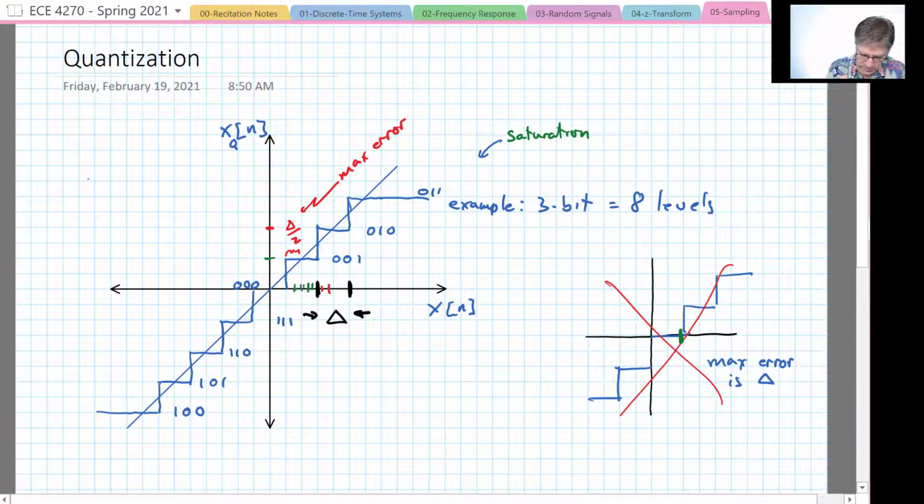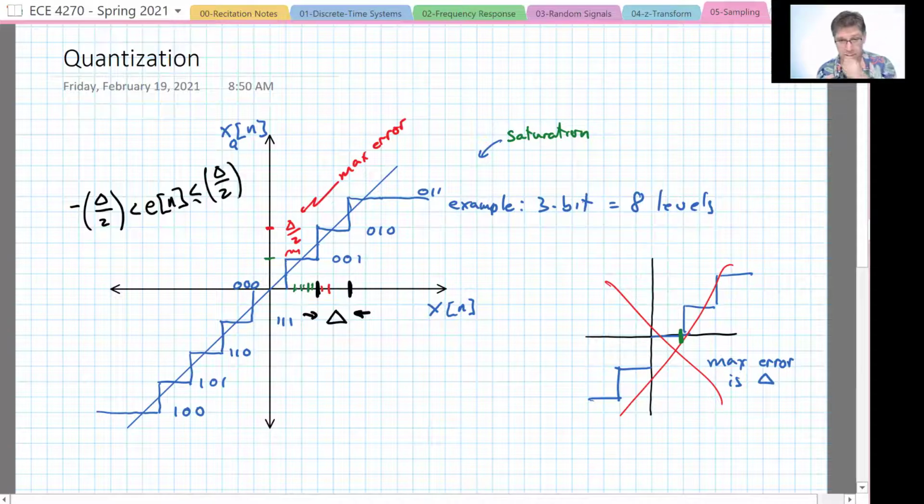So with this situation, we have that our error is going to be between negative delta over 2 and delta over 2, and I guess I should put square brackets.